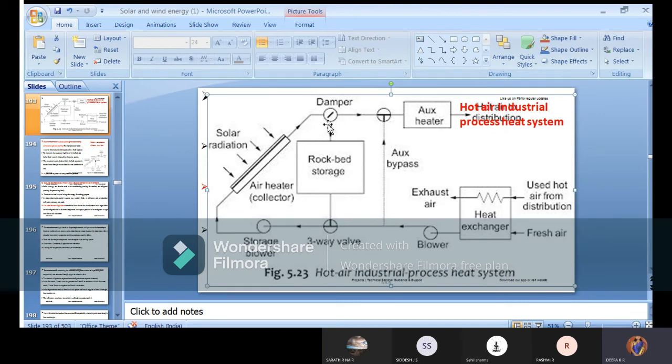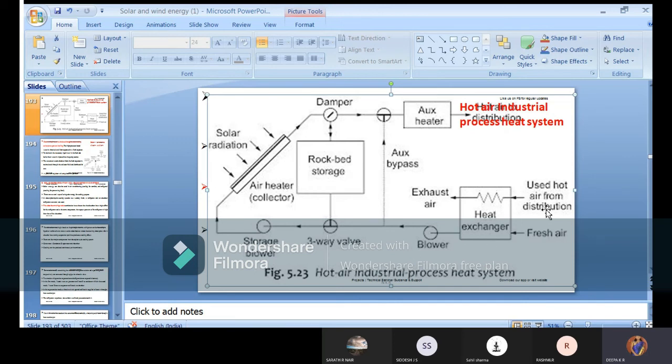Next we have a damper, auxiliary heater, auxiliary bypass, then storage blower, three-way valve, blower, heat exchanger. Here many heat exchangers and blowers are available. Then how are you going to open the valve? Valve means depending upon the usage, which side. It is like a traffic signal: when this road is blocked, another road will be open. In the same kind of way, it is given here.